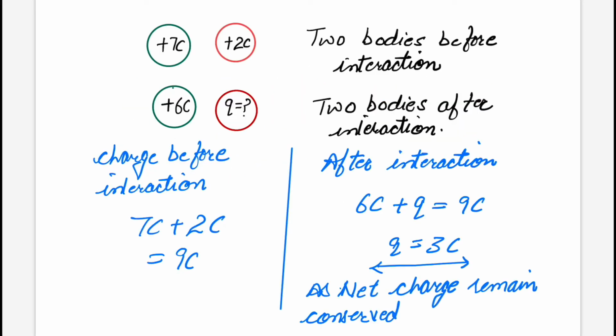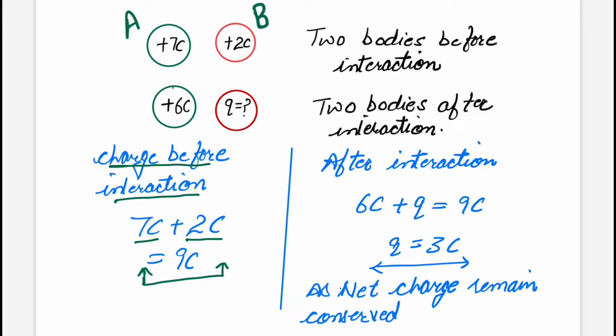Let us discuss the conservation of charges with the help of this figure. We consider a body A which has +7 coulomb charge and another body B which has +2 coulomb charge. Before interaction, the total charge is the first body charge plus the second body charge, which is 9 coulomb.